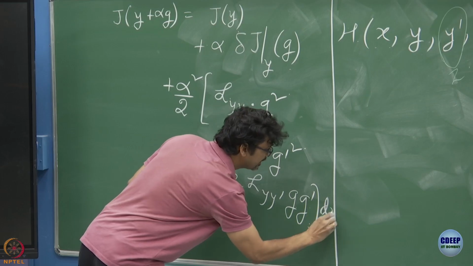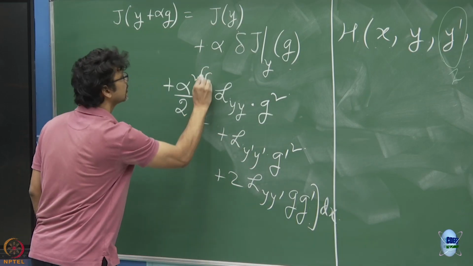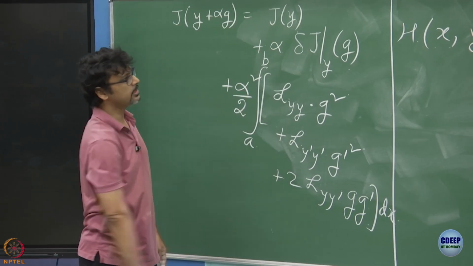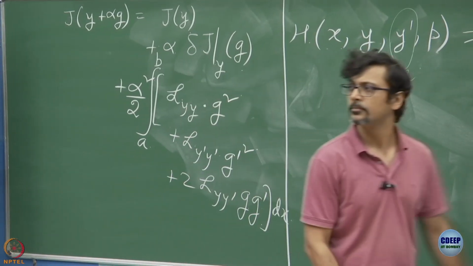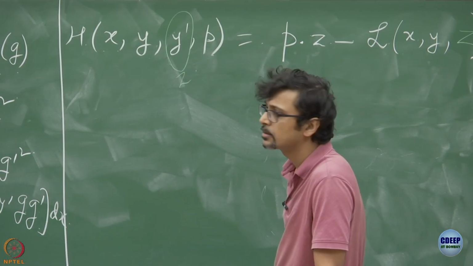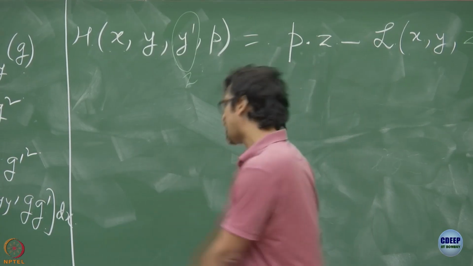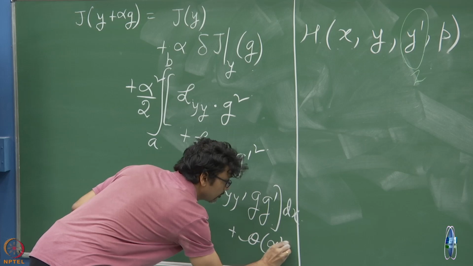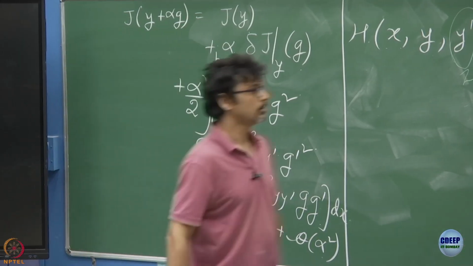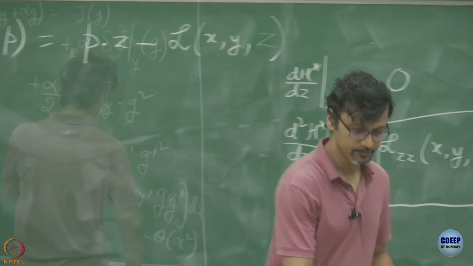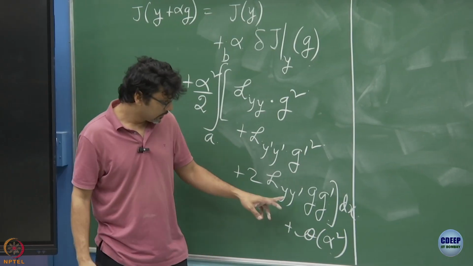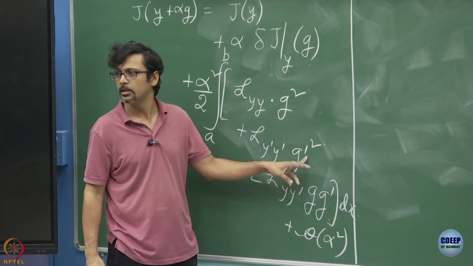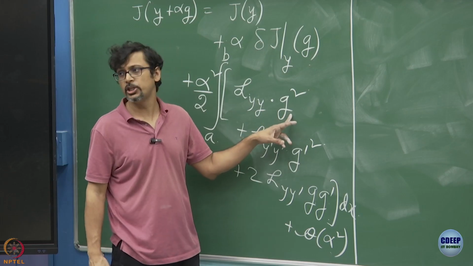Of course you have to integrate this whole thing. Isn't it? Yes. So this is plus, of course, then you have these other higher order terms. Now, this we might still understand, it's a pure quadratic in g prime, pure quadratic in g.